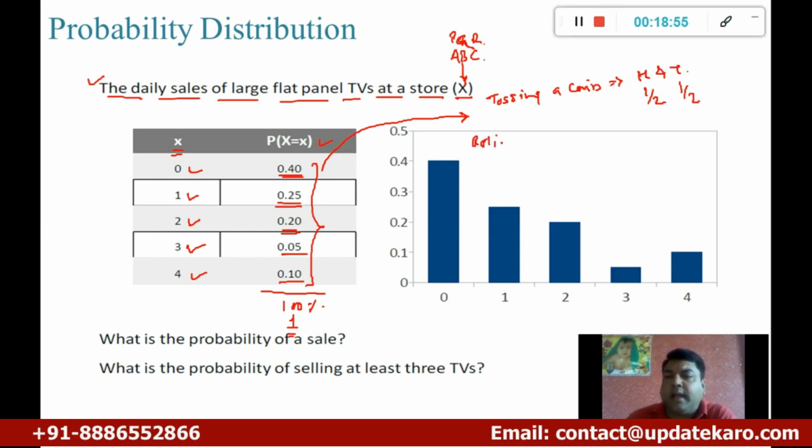In rolling a die, the possibilities were 1, 2, 3, 4, 5, 6. There are 6 outcomes possible, and the probability associated with each outcome was 1/6.